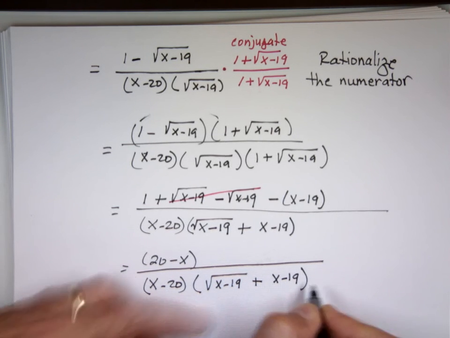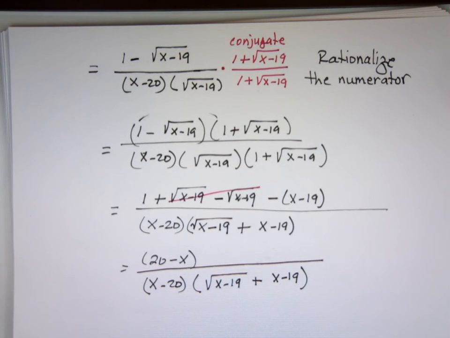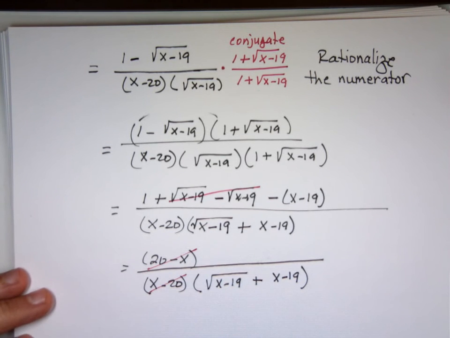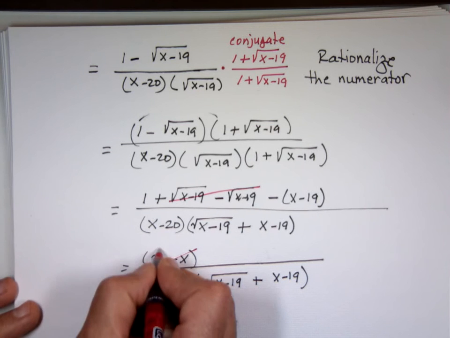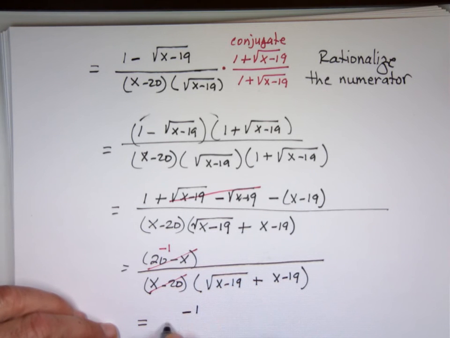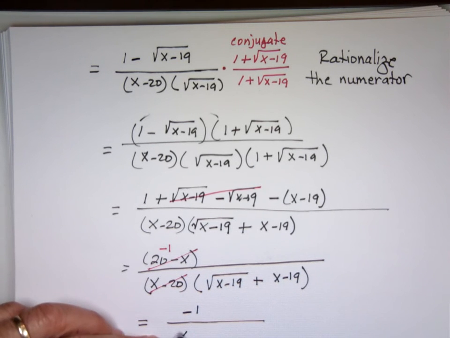Can I cancel anything? Look at these two. Except what? Aren't they opposite? So there better be a minus 1 there. So it's negative 1 over x minus 19. I'll put that first.